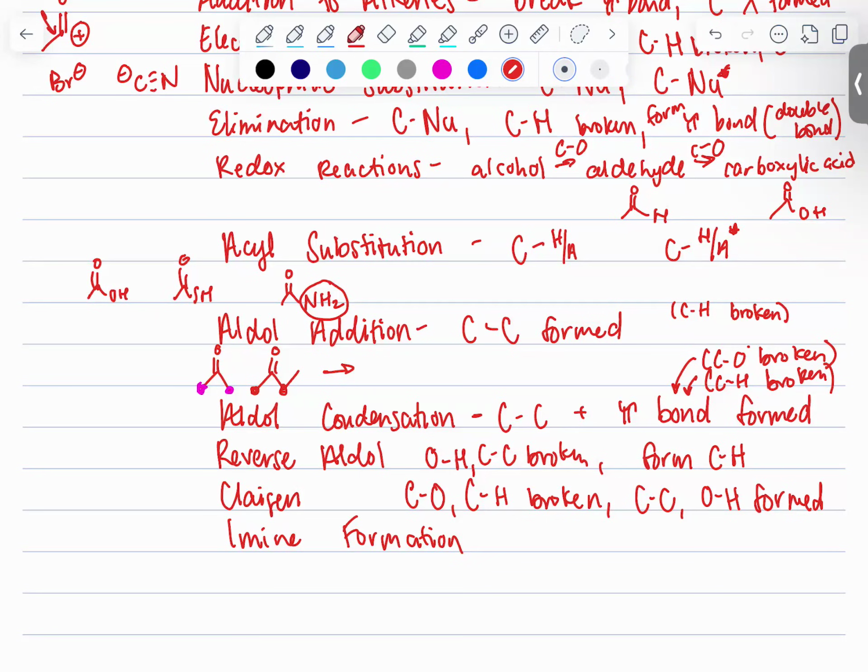Okay, imine formation. What kind of bonds are we breaking and what kind of bonds are we forming? What is that pi bond between? What is our major formed bond?